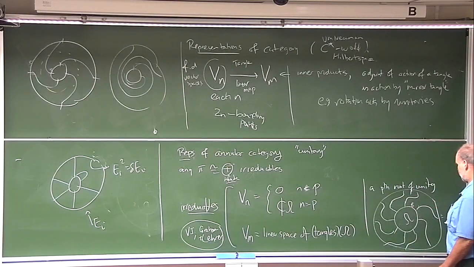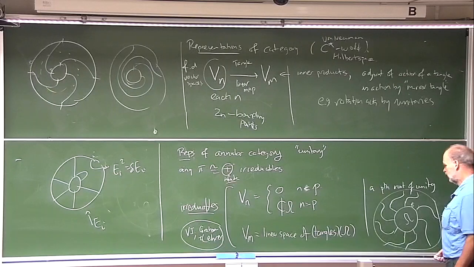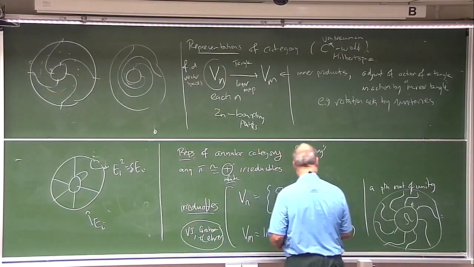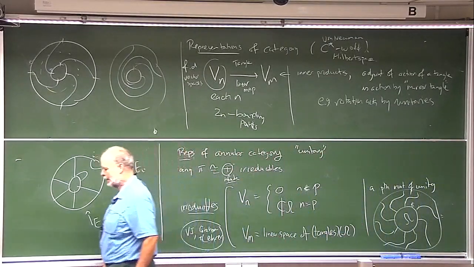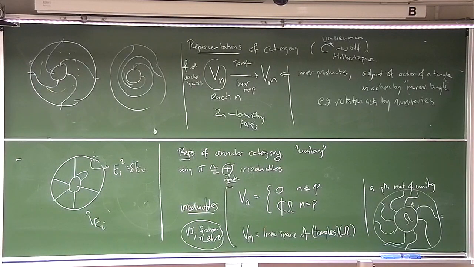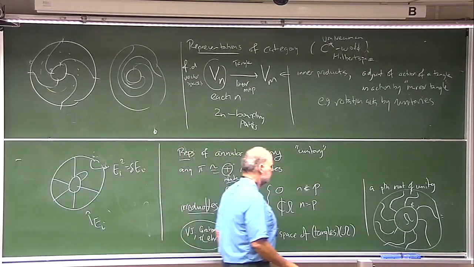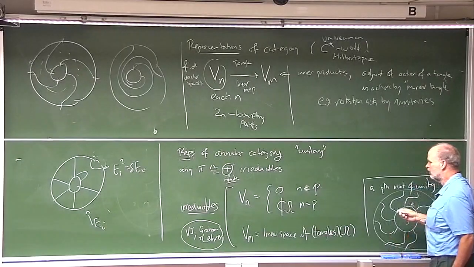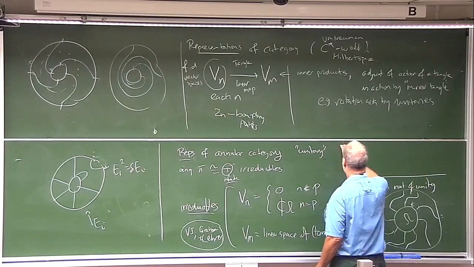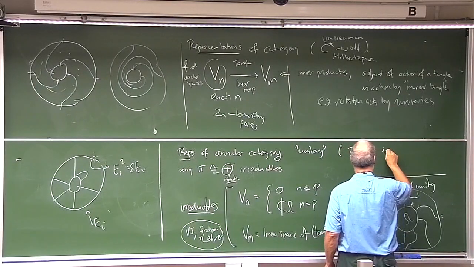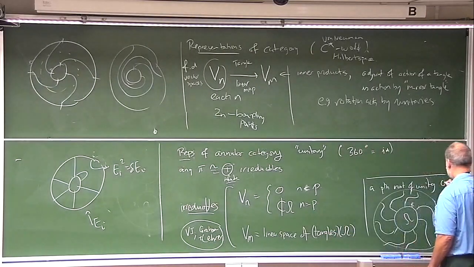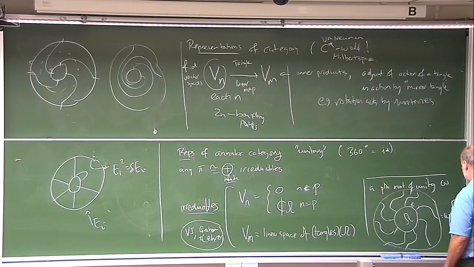And since this is periodic, it's actually an arbitrary number of modulus 1. I want it to be a p-th root of unity, so let me just assume that the rotation in the annular category is unitary, and the 360-degree rotation equals 1. And this is equal to omega.